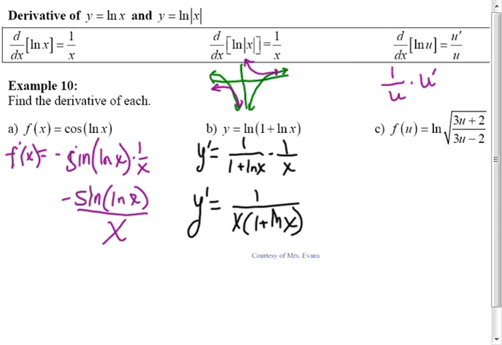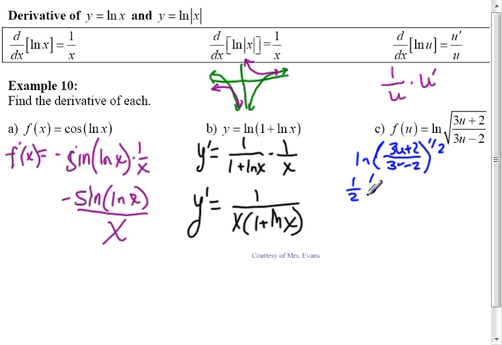Alright, and then we have our last one here. Now, with logs, if you know your properties, we can rewrite this, and it might make our derivative easier. I'm going to start off, instead of writing square root, by writing this to the 1/2 power. Because of our properties of ln's, I can move that to the front.